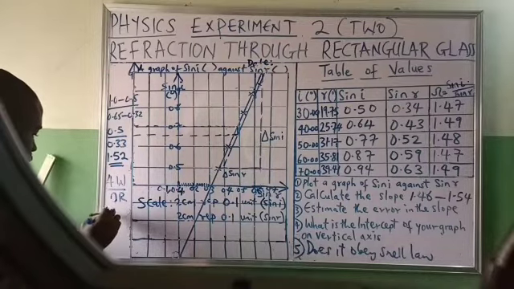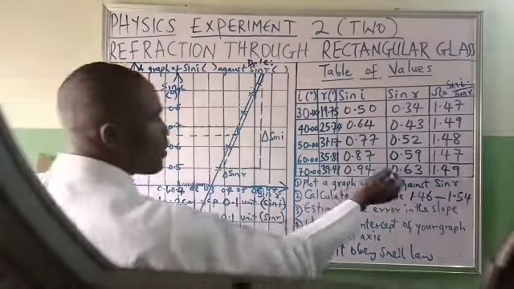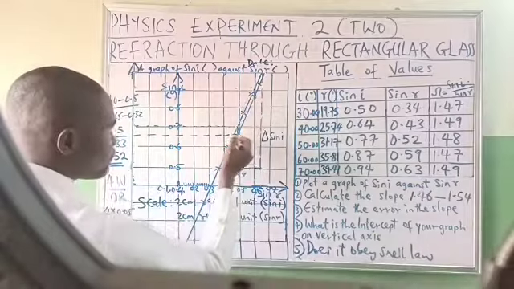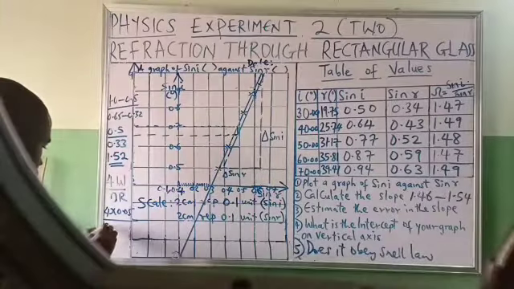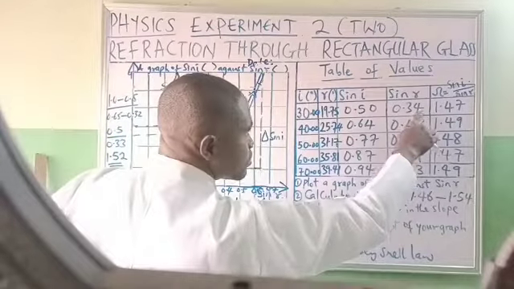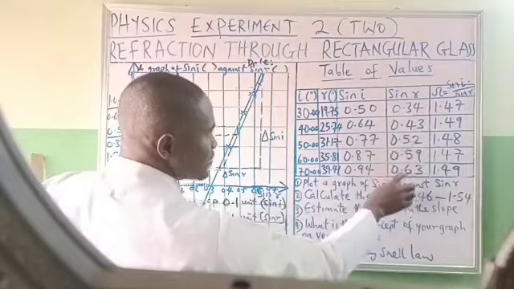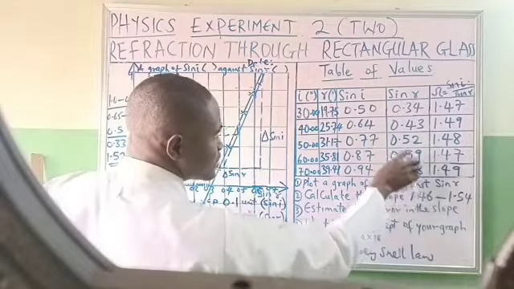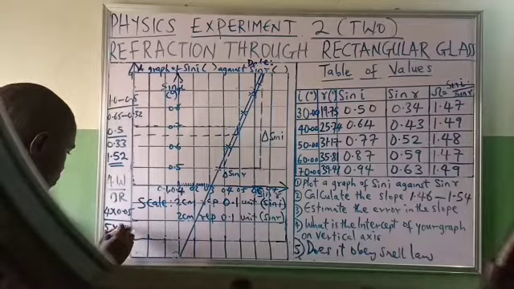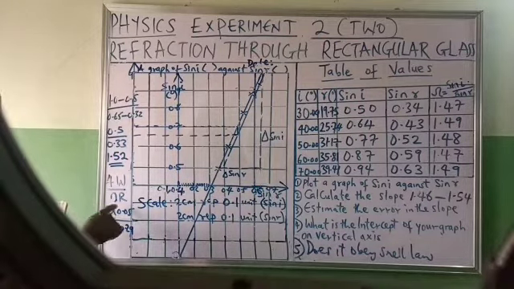4 times 0.05 all over N, which means the number of points you plotted, 1, 2, 3, 4, 5, times R, which means the highest value on the horizontal axis minus this one, that will give me 0.29. Now you put this in your calculator.